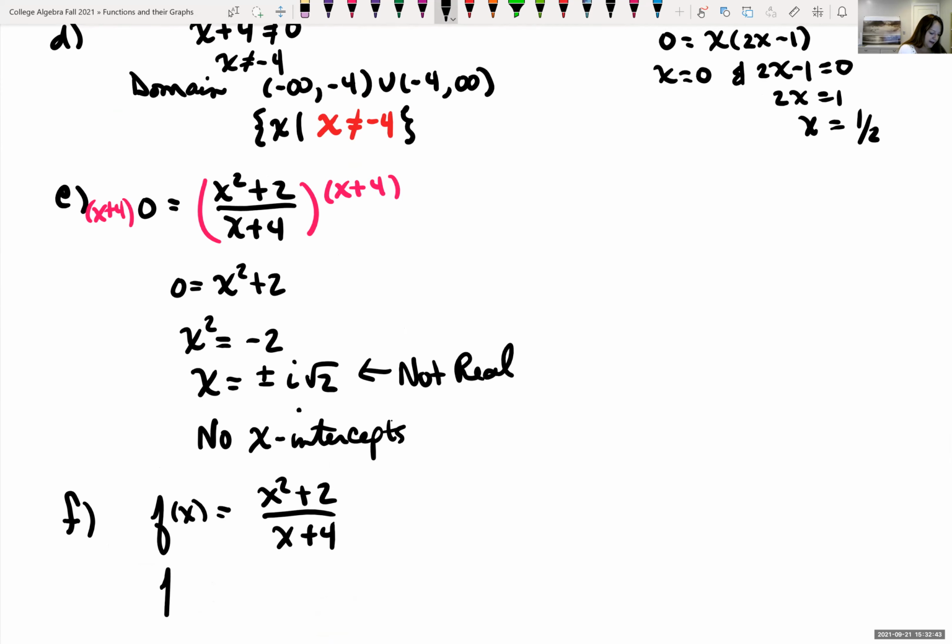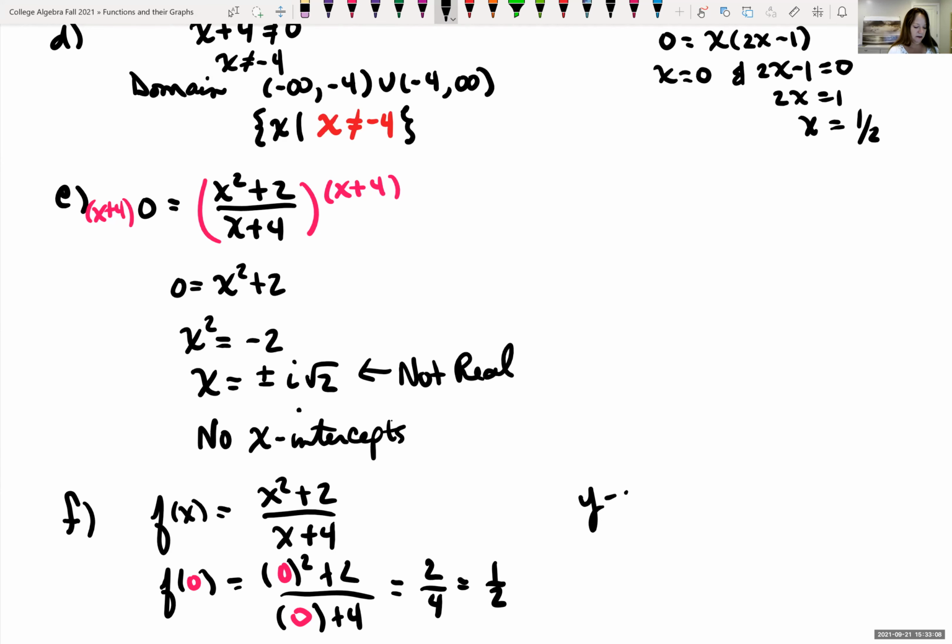If I look at f of 0, I get 0 squared plus 2 all over 0 plus 4. So this is 2 over 4, which is 1/2. So there is a y-intercept, and if it wants it as a point, our y-intercept is (0, 1/2).